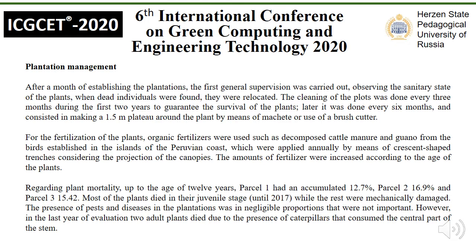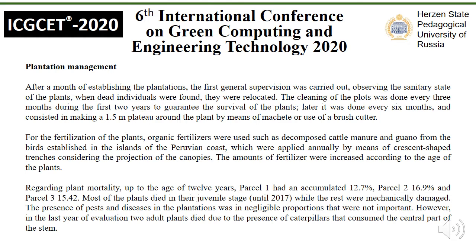Regarding plant mortality, up to the age of 12 years, Plot 1 had accumulated 12.7%, Plot 2 60.9%, and Plot 3 50.42%. Most of the plants died in their juvenile stage, while the rest were mechanically damaged.